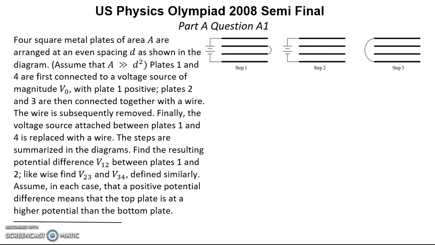First of all, the potential difference between the first and last plate is V0, and because the third and second plates are connected, the potential difference between them is 0.